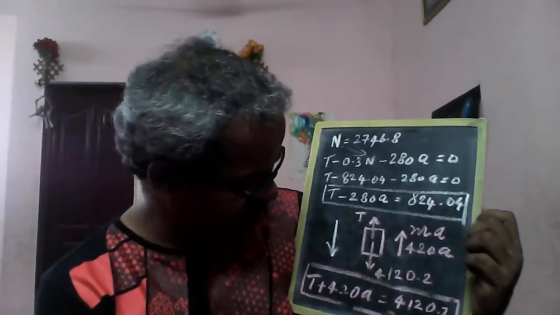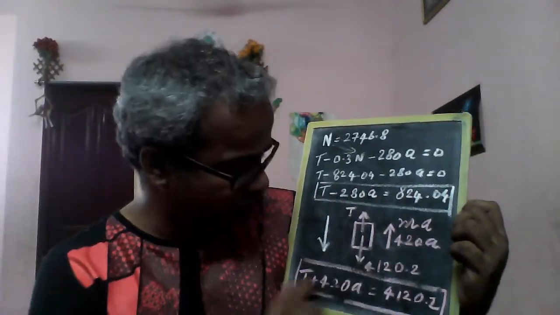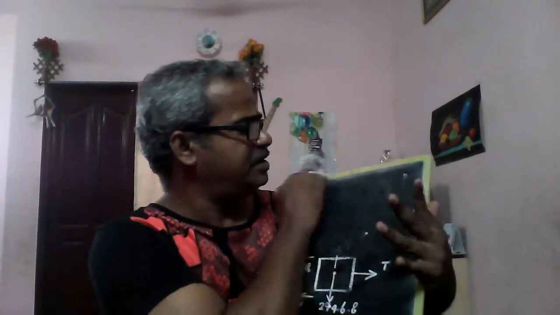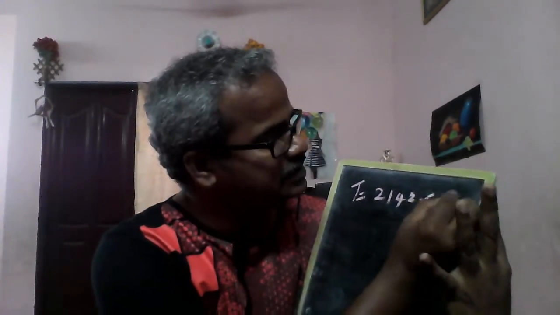By solving these two equations for two unknowns, I will get T and A. What is T? T I will get as 2142.56 newtons.